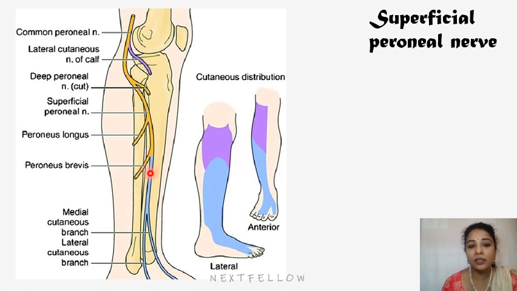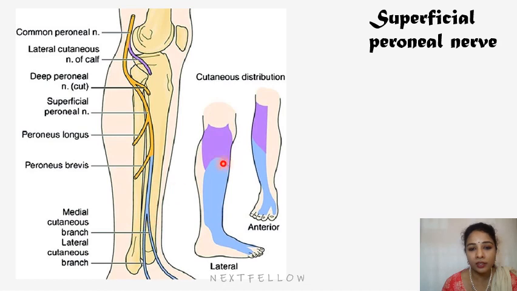You can see here the blue colored structure is the superficial nerve, where it pierces the deep fascia at the distal third, meaning the lower third of the leg. It supplies peroneus longus and peroneus brevis, because it is a lateral compartment nerve, so it supplies both lateral compartment muscles. It also supplies the lower leg and most of the dorsum of the foot.